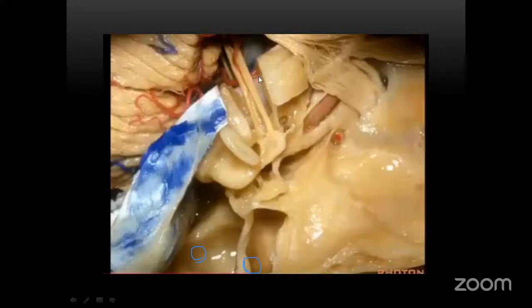But below this trigeminal nerve, one important structure we can face is the inferior petrosal sinus, that goes along the posterior border. So this will be the trajectory through the clivus that we are going in this direction. Any question?